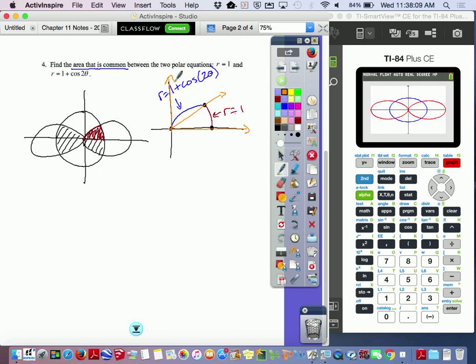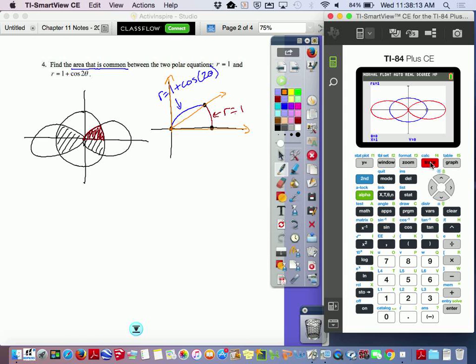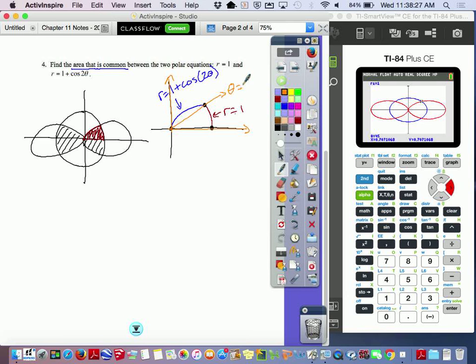To do that, I need to trace the 2 functions separately. So I'm going to hit the trace button, and notice I'm on the circle, starts at 0, and I'm going to arrow over till I get to the intersection point between these 2. Looks like I'm there at pi over 4. So I'm just going to label this as theta equals pi over 4, and this is theta equals 0.